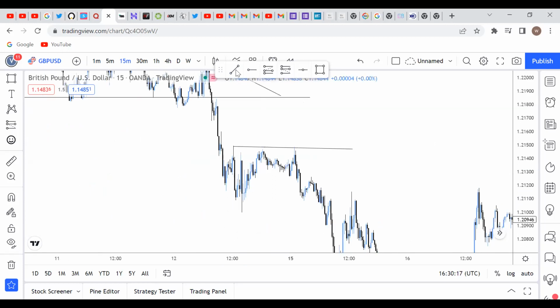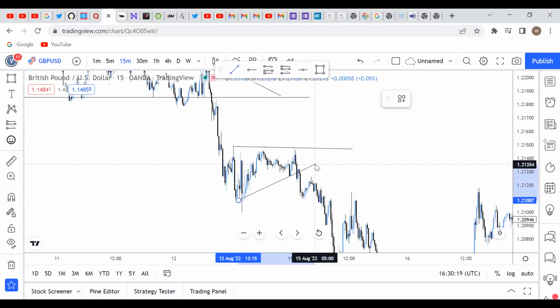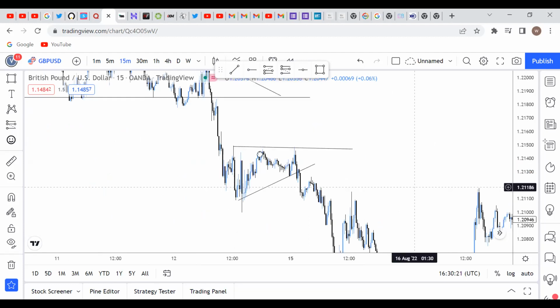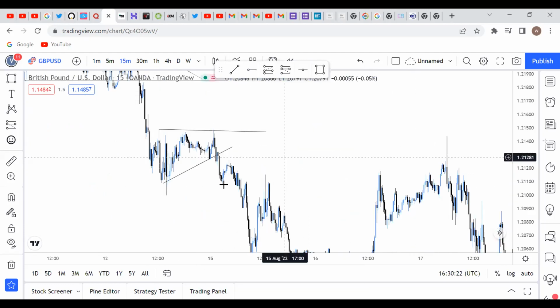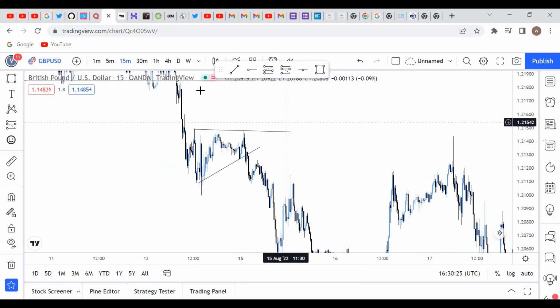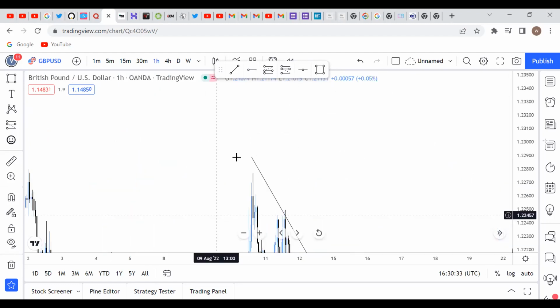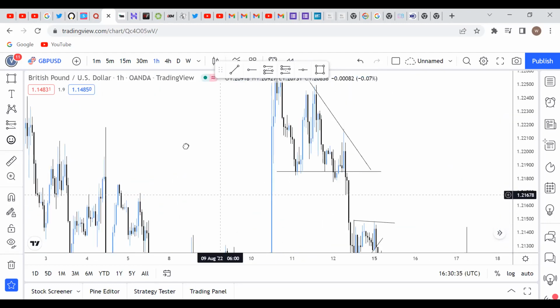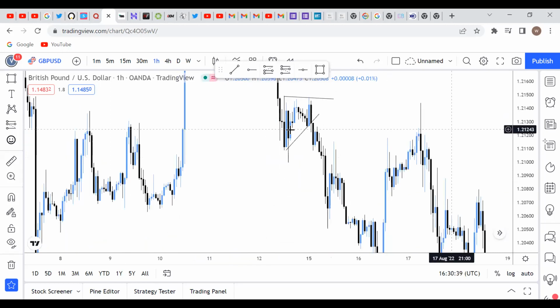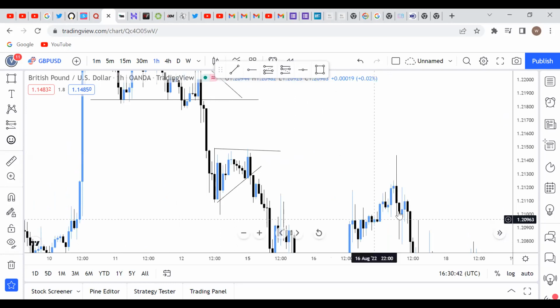So I'll be interested in this triangle more than the other one up. Why? The high time frame price action is going downwards. I think we have a few minutes left. So I'll be interested in this kind of triangle compared to the other one up.